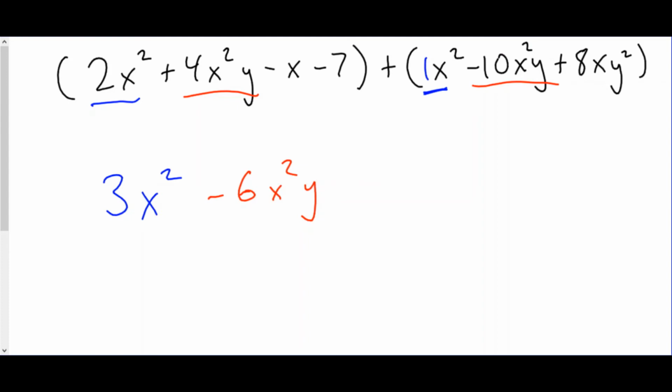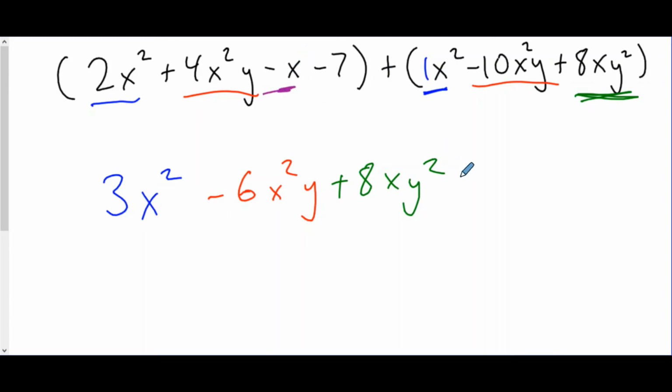I'm going to keep going. This is what I'm going to look at next. xy squared. Do I have any other xy squareds? No. I do have an x, but again, doesn't match. It's not an xy squared. So I'm just going to copy that part down. Then I will write my x here.